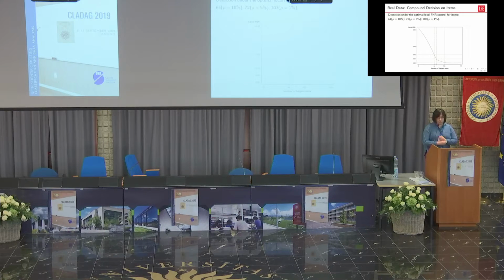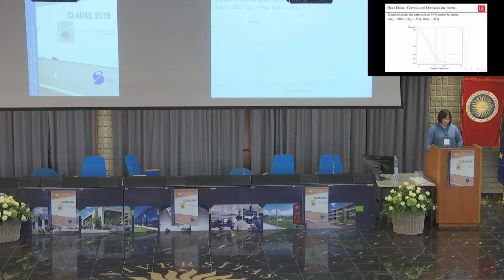And this graph shows the compound decision making based on the FNR control for the items. So the vertical axis is the local FNR rate, and the horizontal axis is the number of items flagged as compromised.